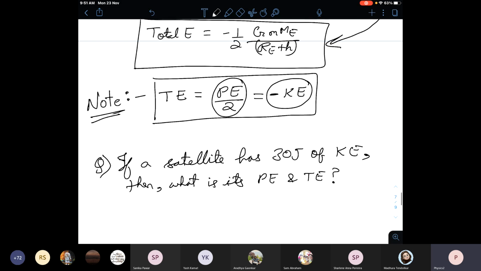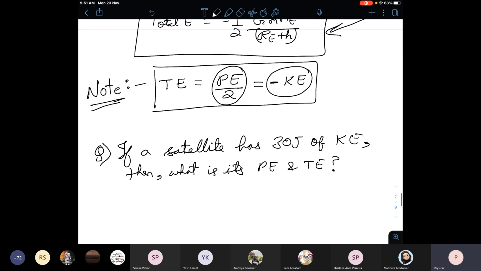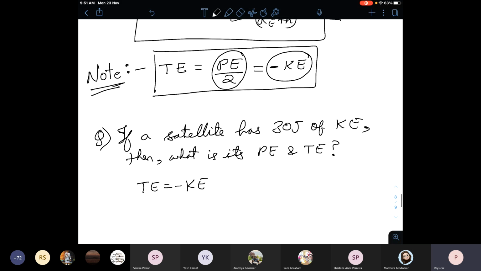So simple, if you remember this note, what you can write, total energy is negative of kinetic energy. So just replace the negative of kinetic energy over here, that is minus of 30 joule. This is my total energy. What about potential energy? Potential energy by 2 is equal to minus kinetic energy, so potential energy can be written as minus 2 times kinetic energy.